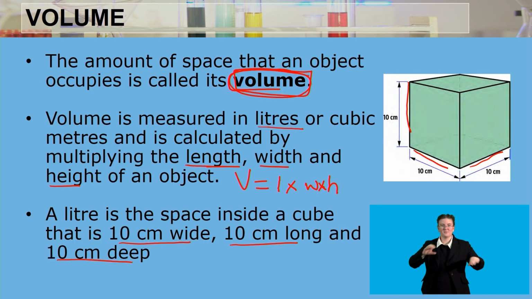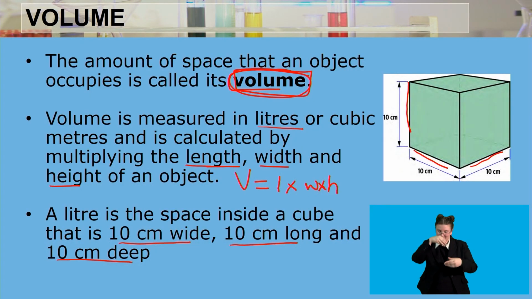So when we're talking about 1 liter, we're talking about the space inside that particular cube, which must have 10 centimeters in width, 10 centimeters in length, and 10 centimeters in height. And remember, to calculate the volume, you simply multiply 10, 10, and 10.